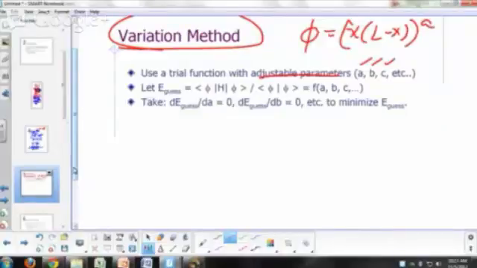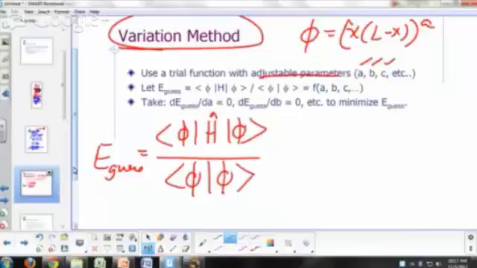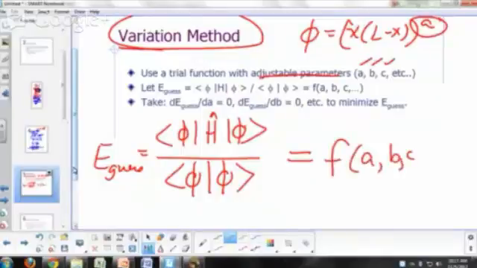Then your guess, remember, is the integral of phi H hat phi, in bracket notation, over phi phi in bracket notation. That's your guess, right? If you introduce a parameter in your expression, that's going to be a function of the parameters, a function of a, b, c, and so on.